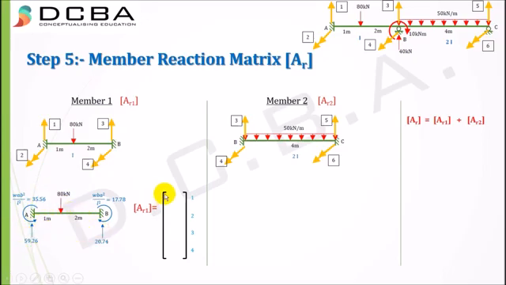We need to construct our AR1 matrix, similar to how the joint load matrix was, where the loads acting at the joint in the directions of 1, 2, 3 and 4 were written. Here, instead of loads, we are writing the reactions formed due to this particular force acting.